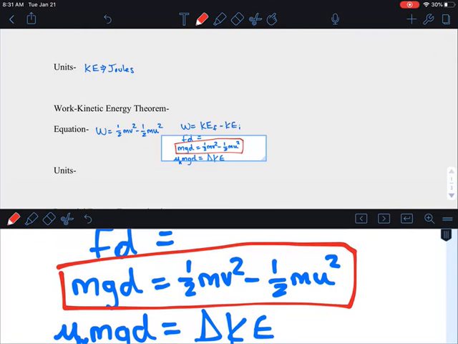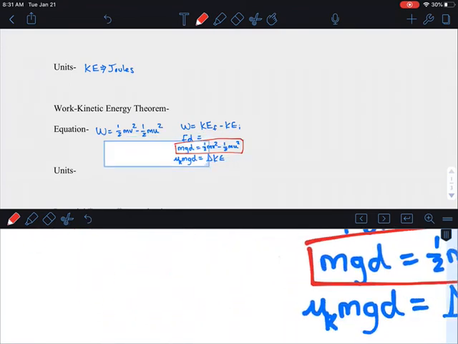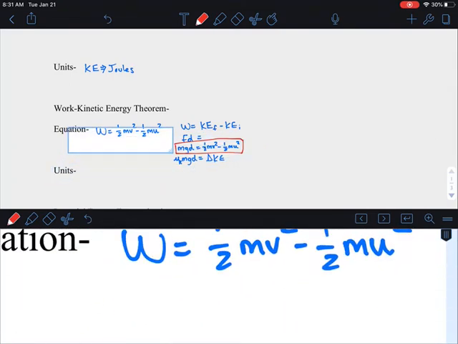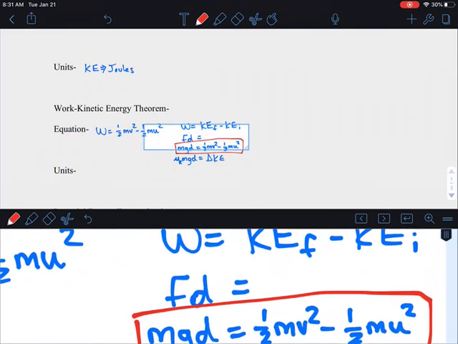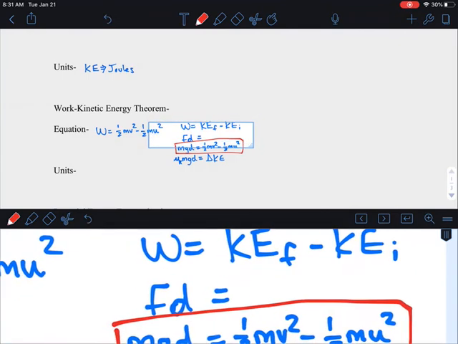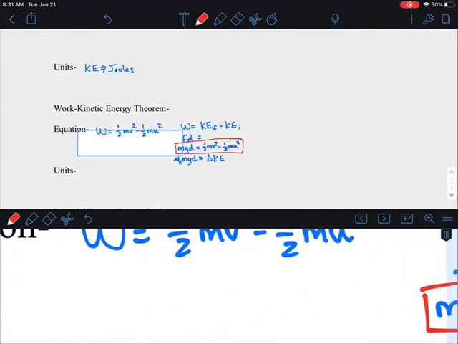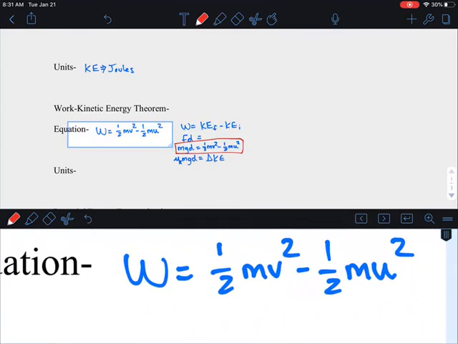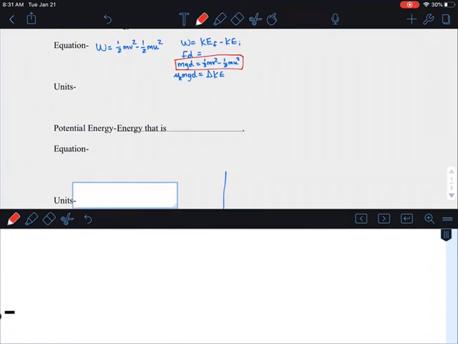You could be given mass and displacement, and say it started at rest, you're trying to find the final speed. So that's kind of one of the examples of a question. Units, right? Units, work still in joules, and kinetic energy in joules. All right, so you can just kind of work through there and plug that in yourself.